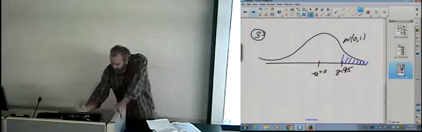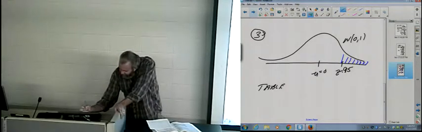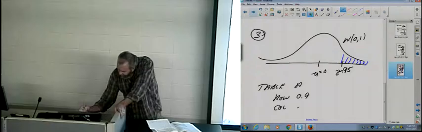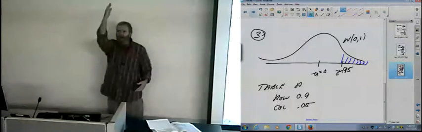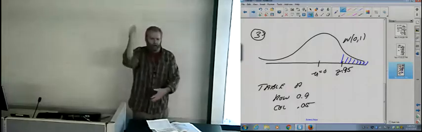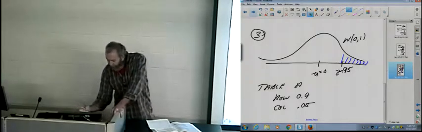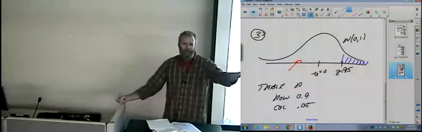So, you go to the table, is that Table A back there? Table A. The row you're going to go to is 0.9, and the column is 0.05. You're going to find the 0.9 row, the 0.05 column. You're going to read down, and you're going to read across. And it's going to give me my area here, and remember, again, Table A always tells you the area to the left.